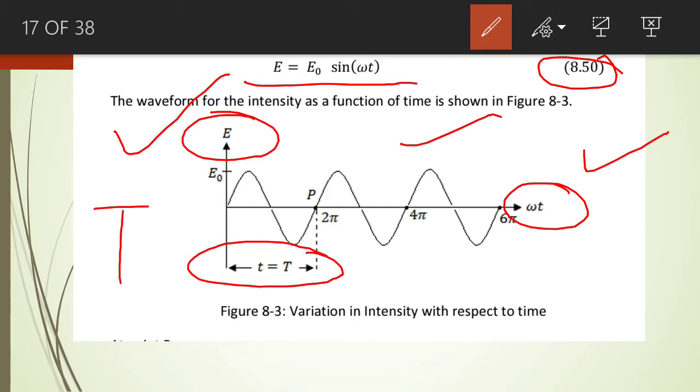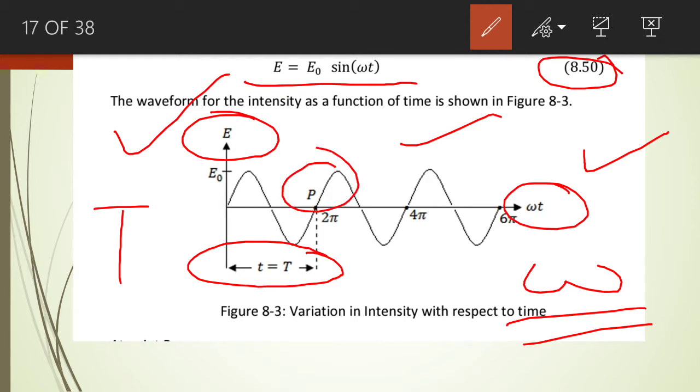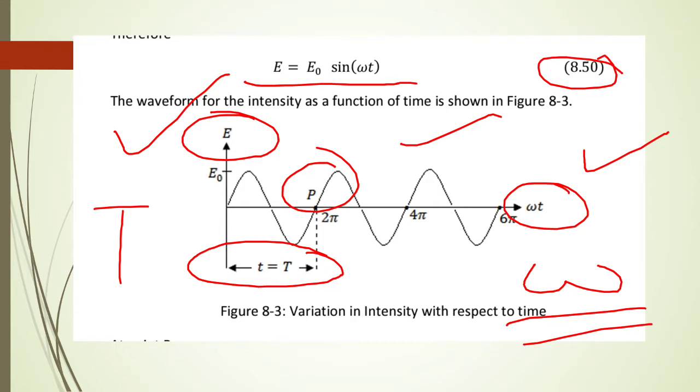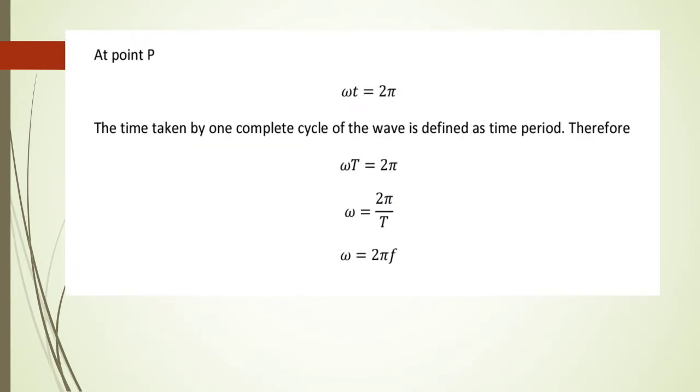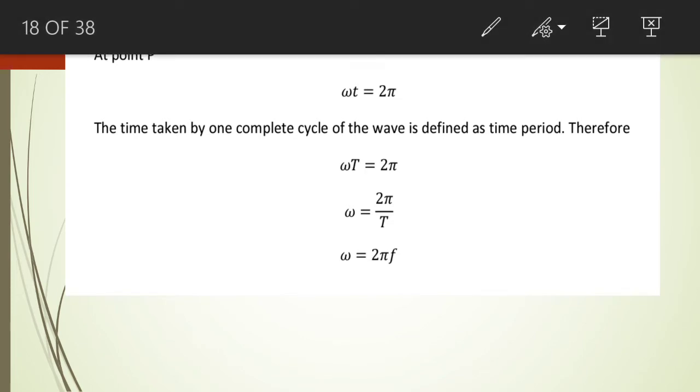We want to find out the equation for the angular frequency, which is represented by omega, and the unit of the angular frequency is radian per second. So let us consider point P over here. Okay. So what we do, we consider point P, and we know that at the given point, at point P, the value of omega t is 2 pi.